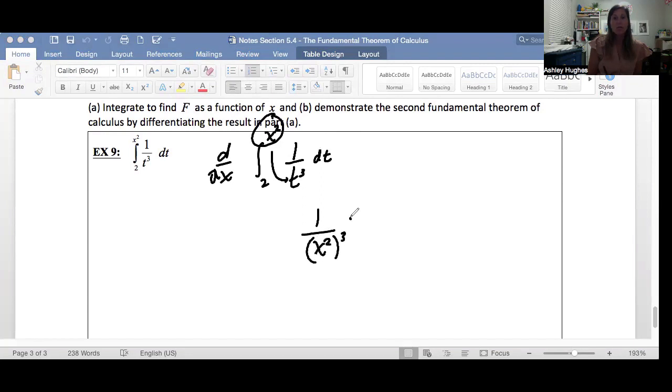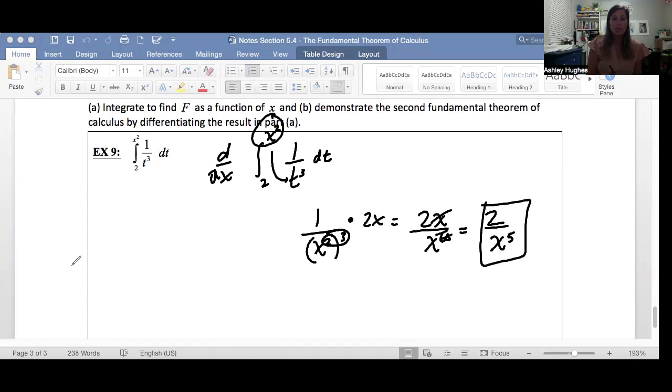But then you also need to remember to multiply by the derivative of x squared, which is 2x. So this would be 2x over x squared cubed. A power to a power you multiply. So that's x to the 6th. So that would be simplified to 2 over x to the 5th. So that would be the answer of this problem if you're finding the derivative of the antiderivative. So just again, be careful if this bound is not just plain old x.